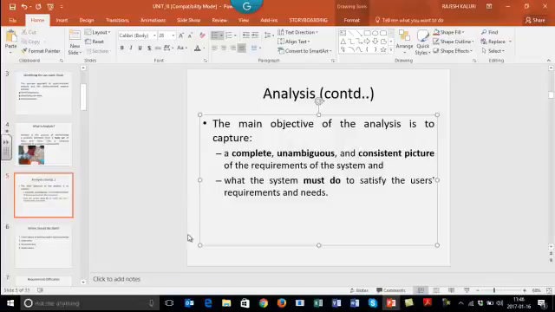And also the other point which I would like to tell you here is what the system must do to satisfy the user requirements and needs. Generally, if you take an example like some mobiles or some kind of apps, if you are designing a new app, and it approaches the needs of the user, then the system will be effective and complete.